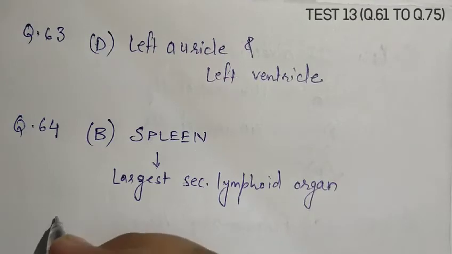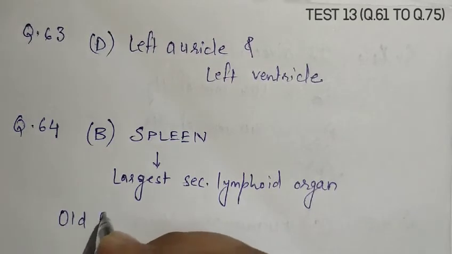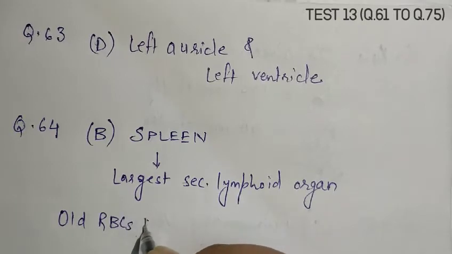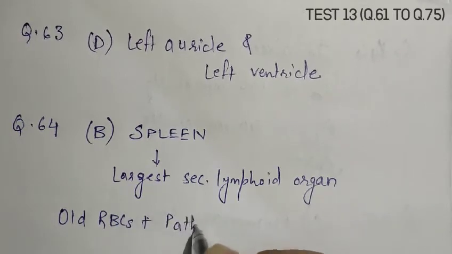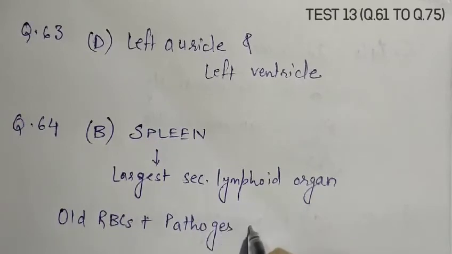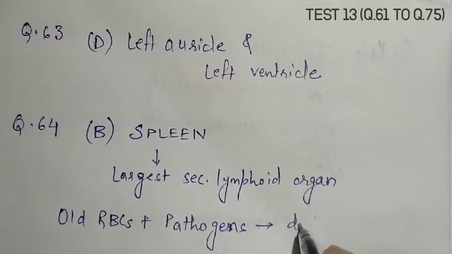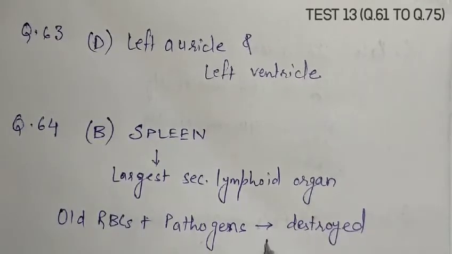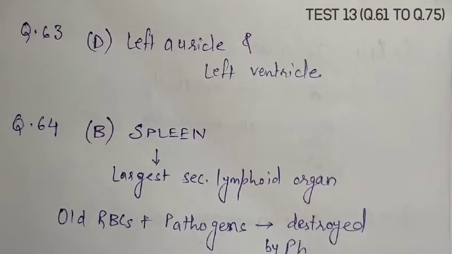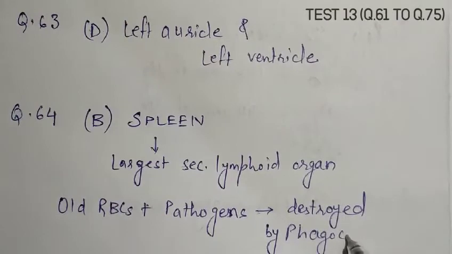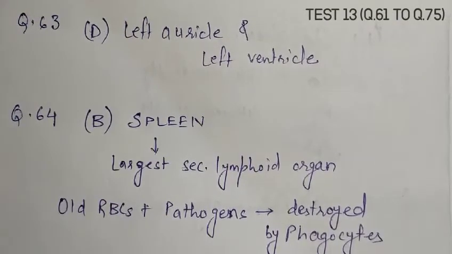Here old RBCs plus pathogens are destroyed by phagocytes. So the correct answer is B. Spleen.